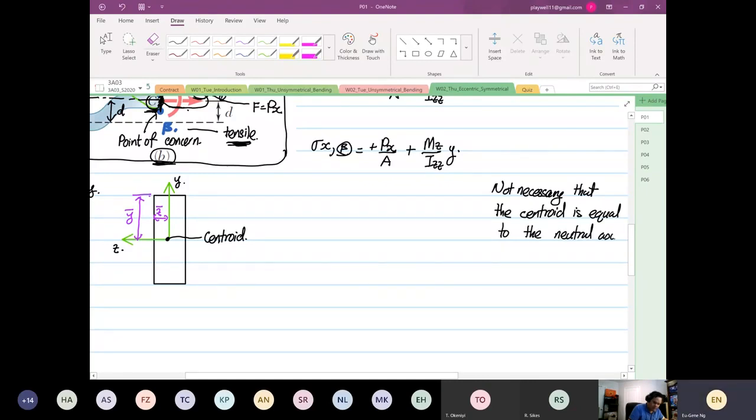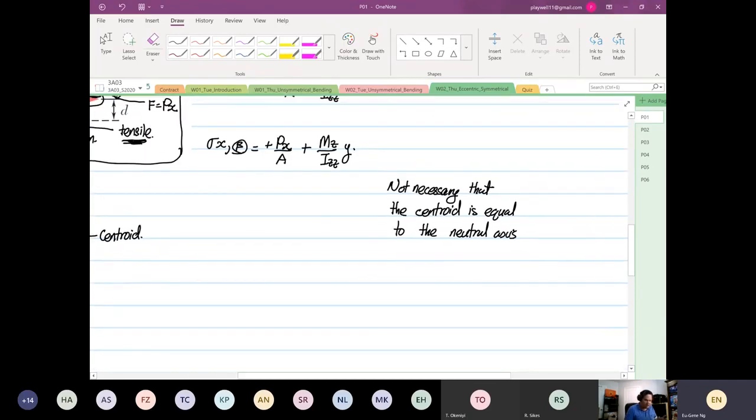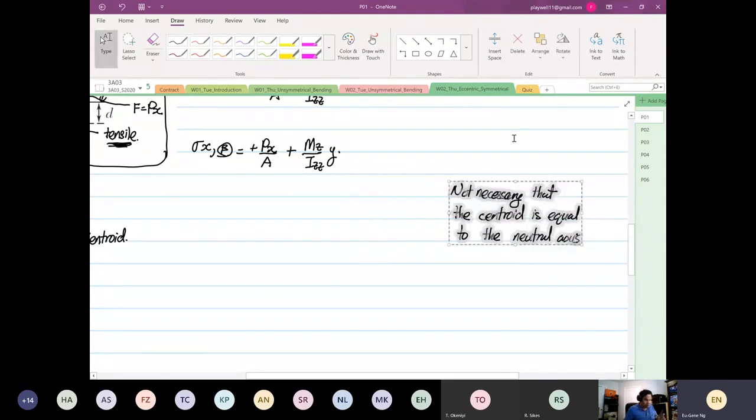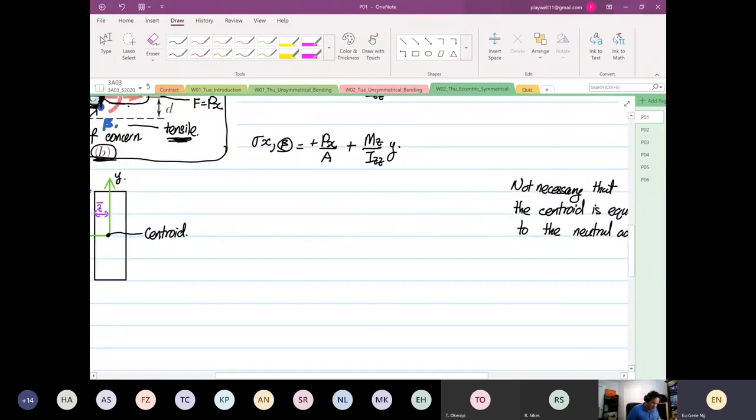I want you all to meditate on this. So far, if you have learned 2P04, it is always. But for this case, it's not necessarily true. I want you all to follow.